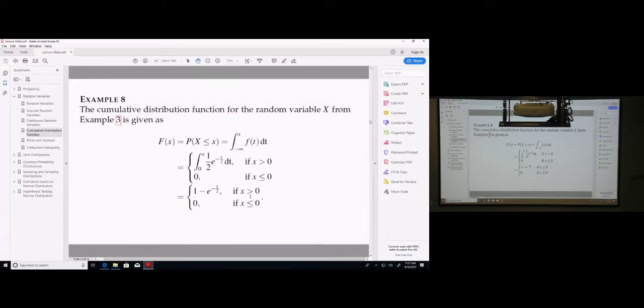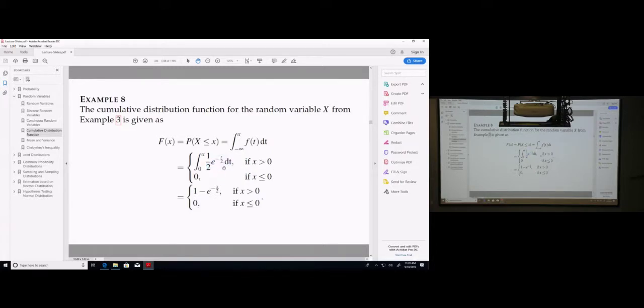Okay, so the cumulative distribution function of a random variable from example 3 is given by this. This is what we call exponential distribution, all right? And it's usually used to model the waiting time of something to occur. For example, for electrical appliance to break down, or for a bus to come, or for arrival of a certain event.